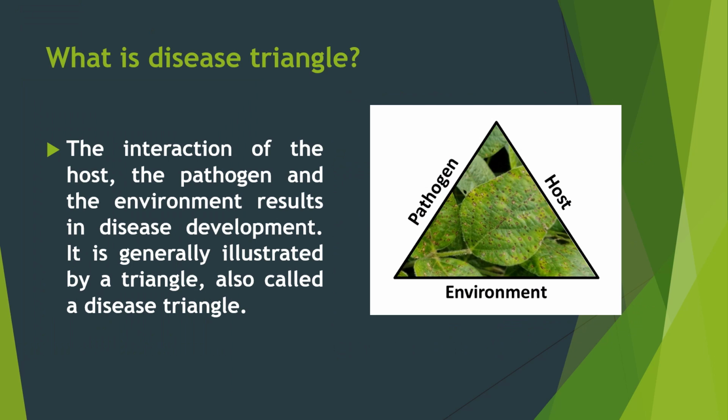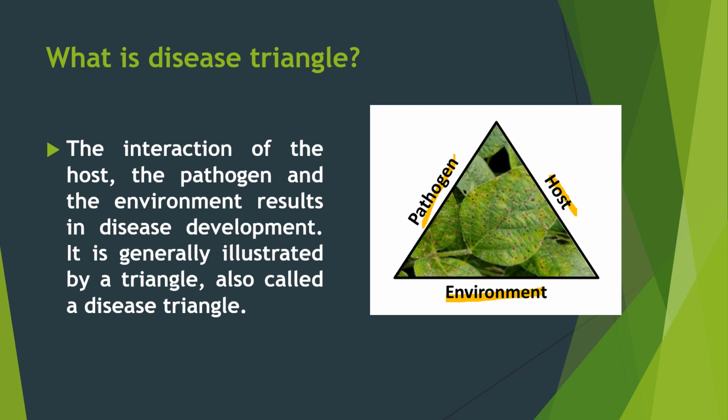Then it's important to understand the relationship between a pathogen, a host, and the environment. We know a pathogen is what causes a disease in a plant. The host is the plant that the pathogen attacks. And the environment is where the host plant is living. The environment plays a very important role in host and pathogen interaction.